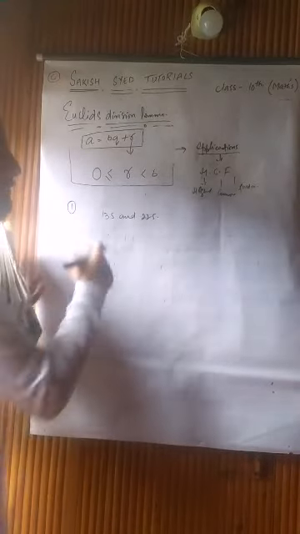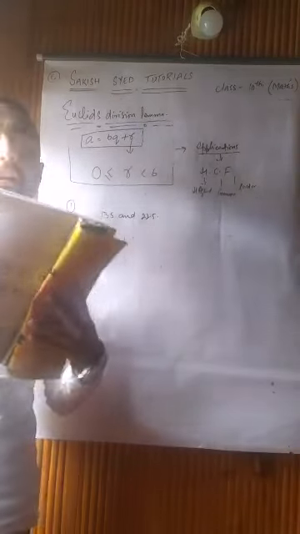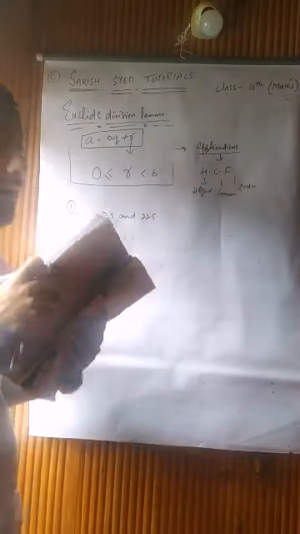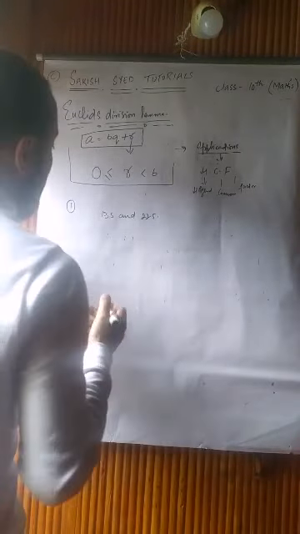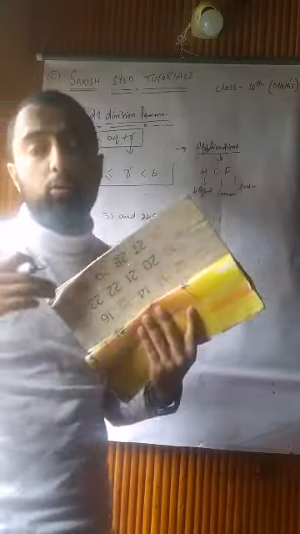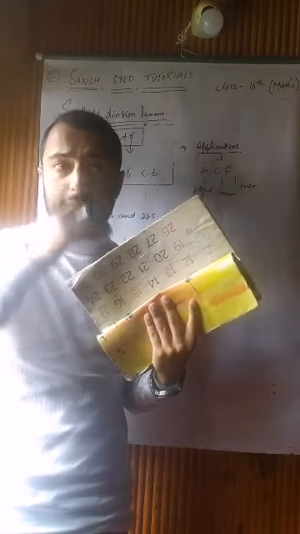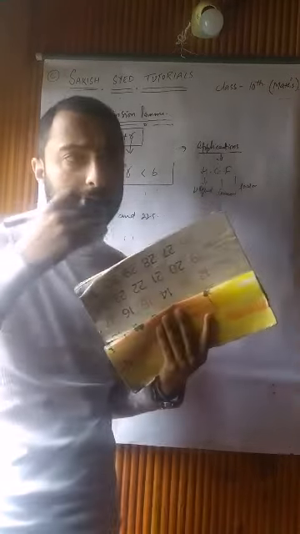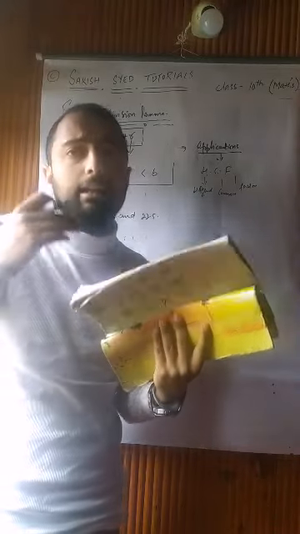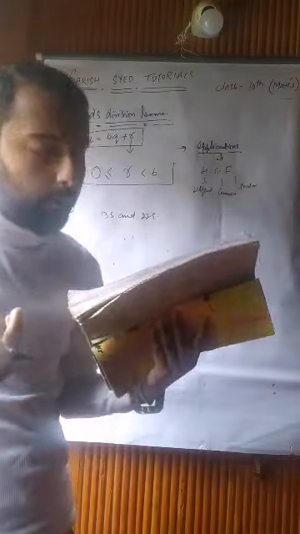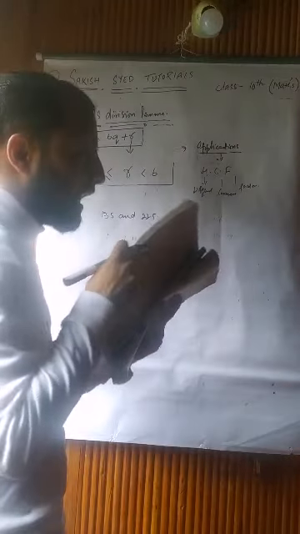We have to find the HCF of these two numbers, 135 and 225. I will give you the whole setup, how you will start the division process and how you will get the common factor.